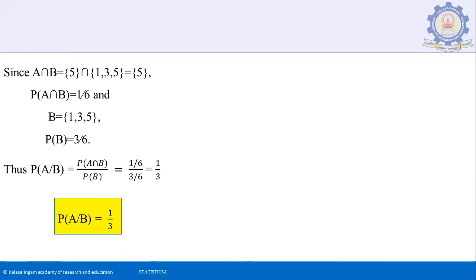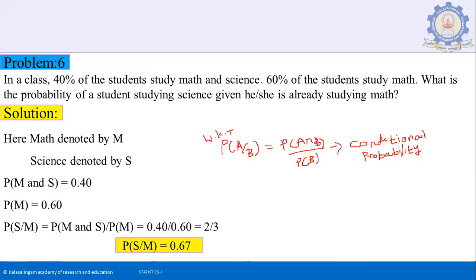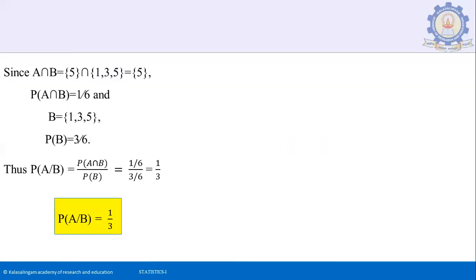And the probability of A intersection B is equal to 1 by 6. And B equals {1, 3, 5}. Therefore, probability of B equals 3 by 6. So probability of A given B, by the conditional probability formula P of A intersection B divided by P of B, is 1 by 6 divided by 3 by 6. So the probability is 1 by 3.